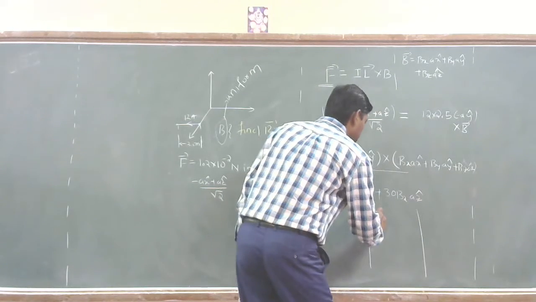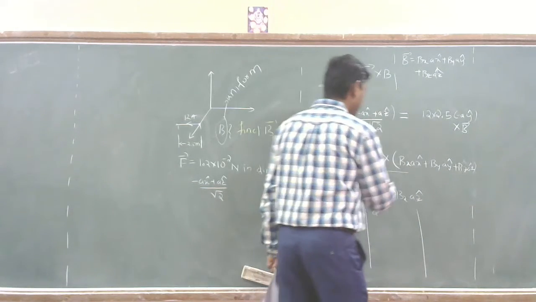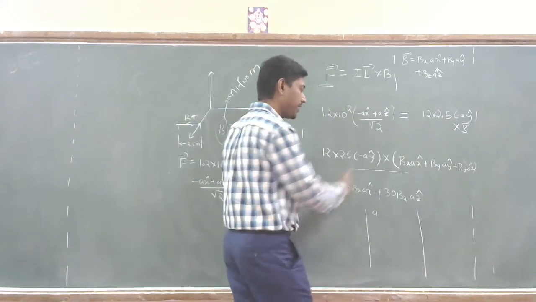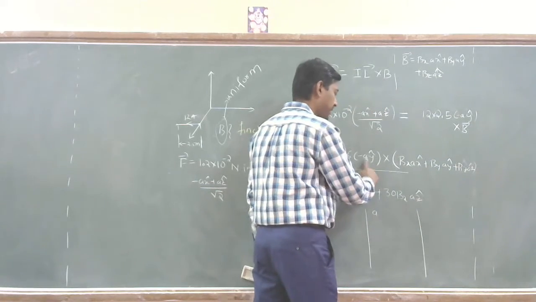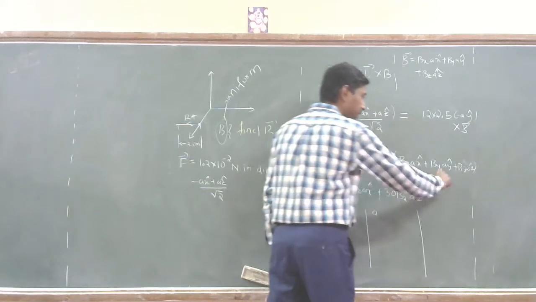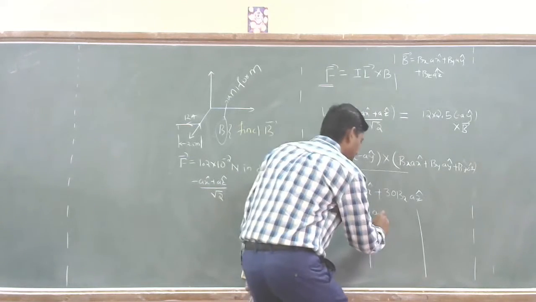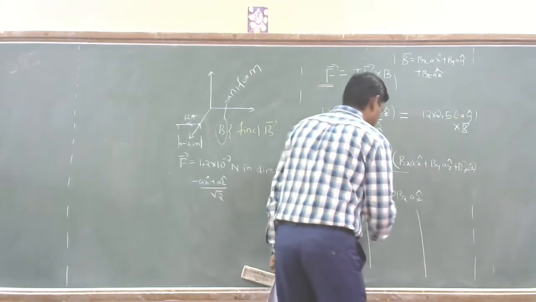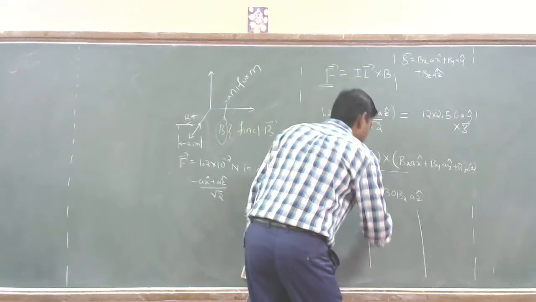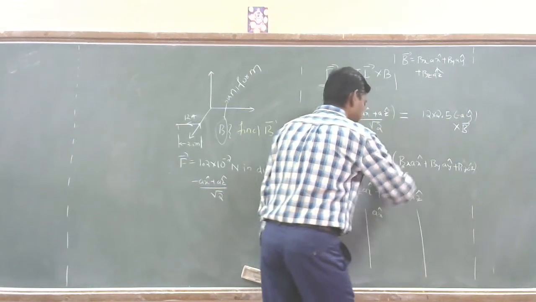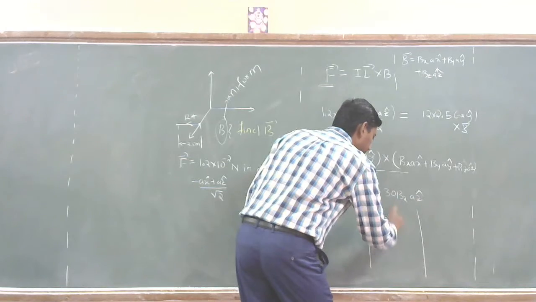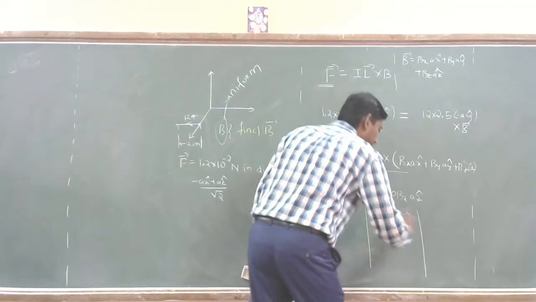I try to do this cross product with the determinant, which I'm trying to show here. We can do it individually, like ay hat cross ax hat and so on, but here I'm doing it with the determinant. So it's a cross product between these two vectors. We know it is ax hat, ay hat, and az hat.